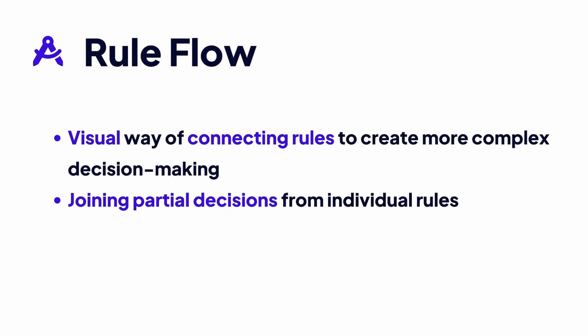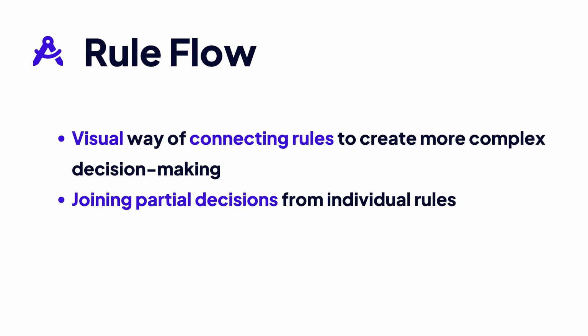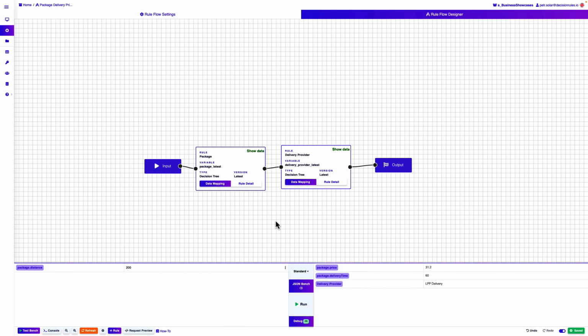To give you a brief summary on the rule flow, it's a visual way of how you can connect several rules into a more complex decisioning flow. A place where you can use partial decisions from individual rules and combine them to make a final decision. In case you would want to know more about rule flows, you can use this link to watch a video dedicated solely to them.